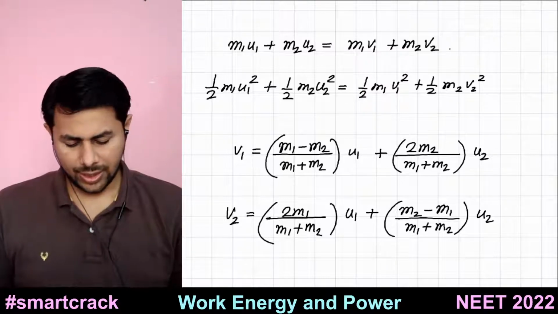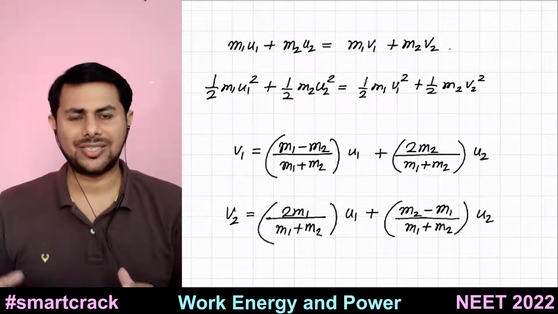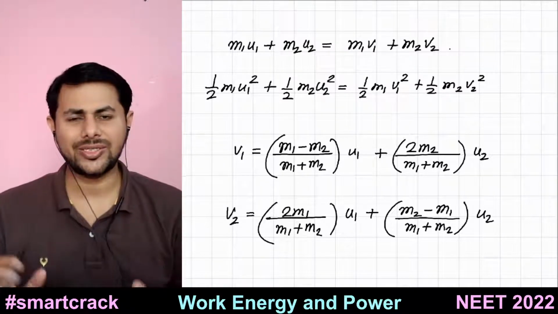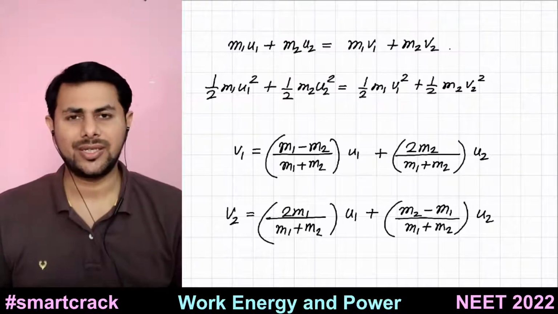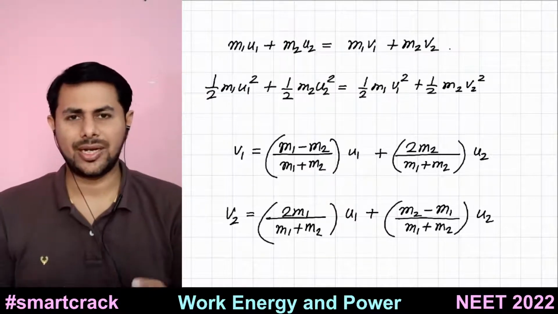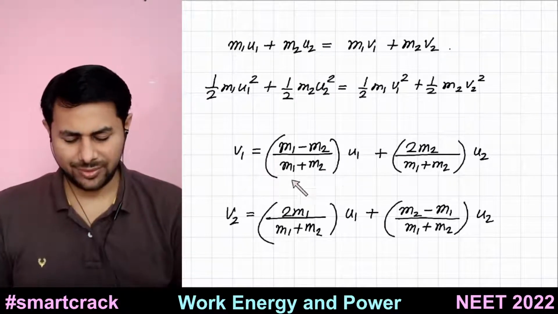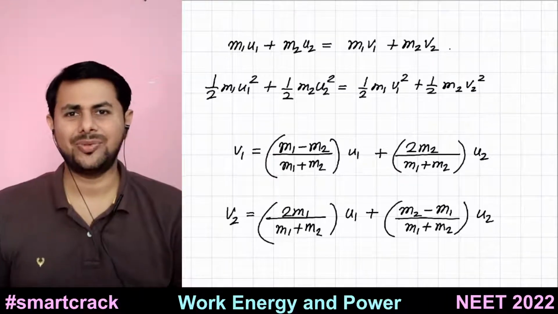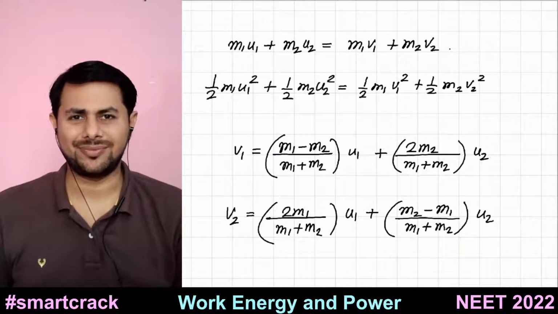Now we can memorize these two formulae, but there is one trick. If you just change 1 to 2 and 2 to 1 in the first formula, you will get the second formula. In principle you have to memorize only the first formula.